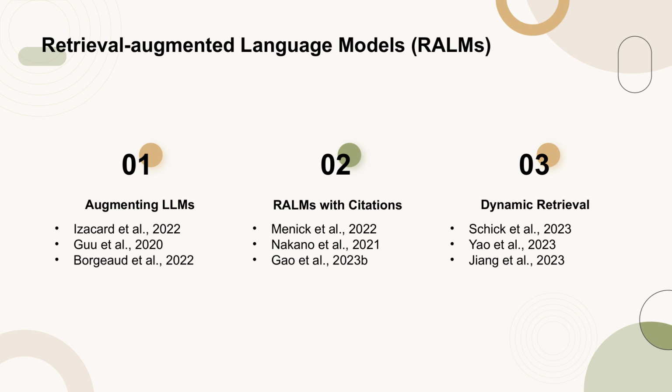Other works, like those by Schick et al., 2023, Yao et al., 2023, and Jiang et al., 2023, instruct or fine-tune LLMs to use external tools for dynamic retrieval, offering an adaptive method for when and what to search. Additionally, Gao et al., 2023a, improved the attribution and factuality of language models through a post-process retrieve and edit approach.